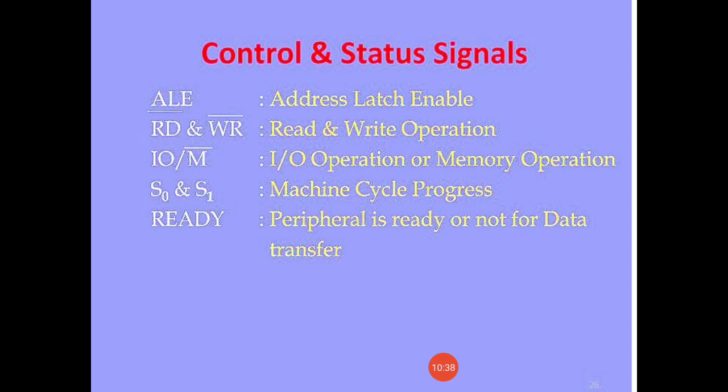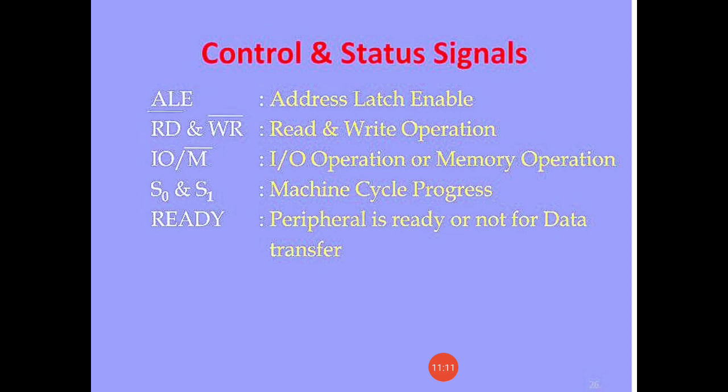Whereas a low on the WR bar pin indicates that data must be written into the selected memory location or input output port. So whenever the RD bar pin is low, it means the read signal, and the data will get transferred from the memory location to the microprocessor through this data bus, that is AD0 to AD7.